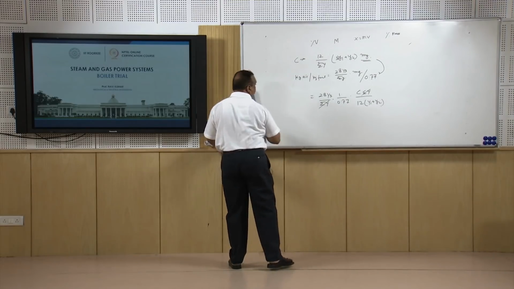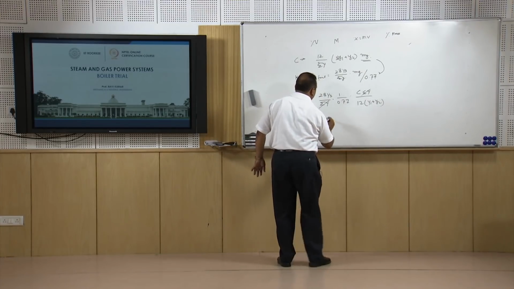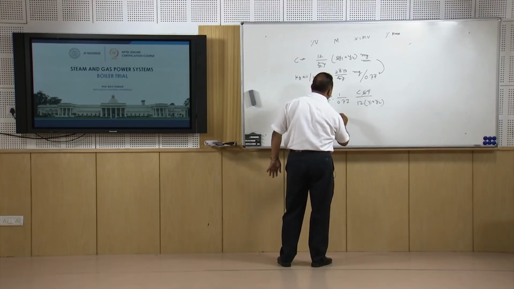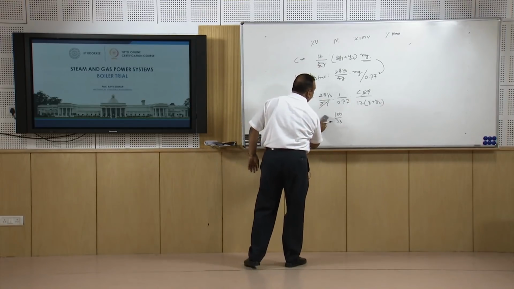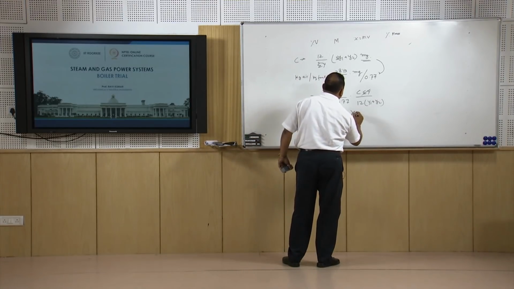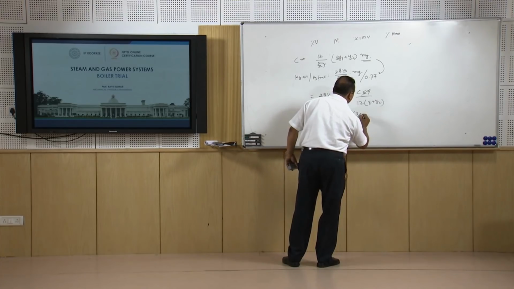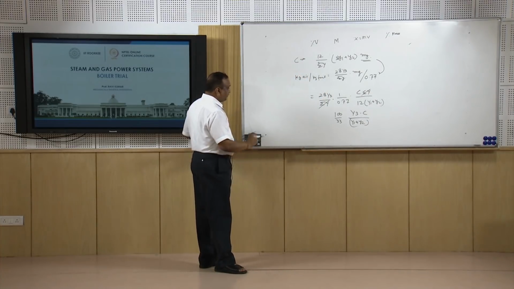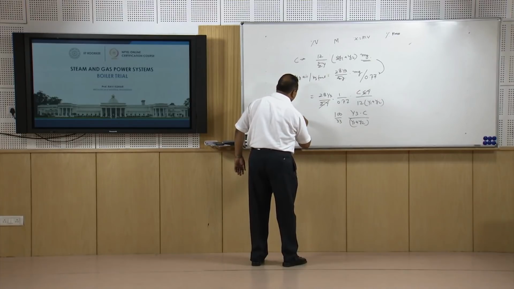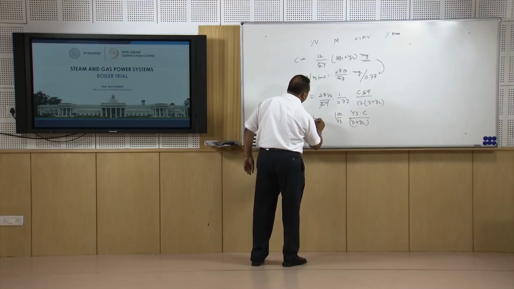Yes, 28 divided by 0.77 divided by 12 is equal to 100 by 33, right? So we will take 100 by 33, y3 divided by (y1 plus y2), multiplied by C. It means this is kg of air per kg of fuel.